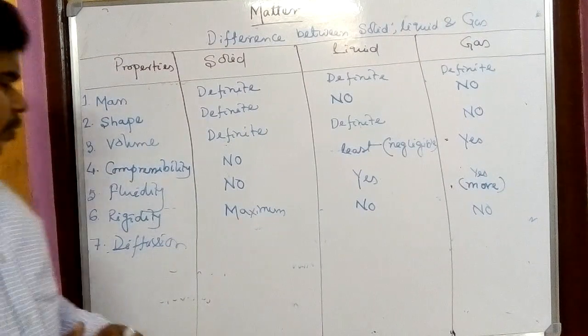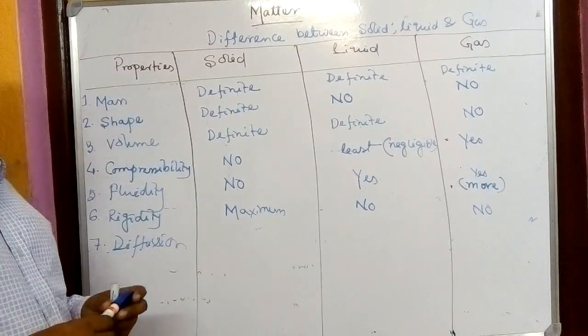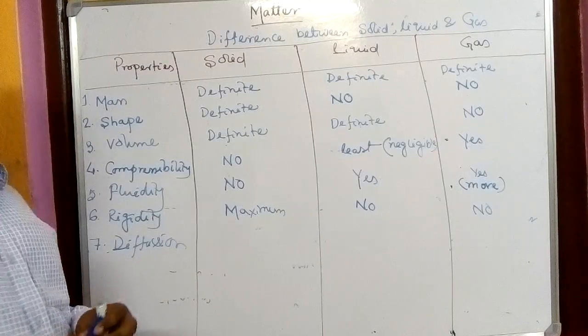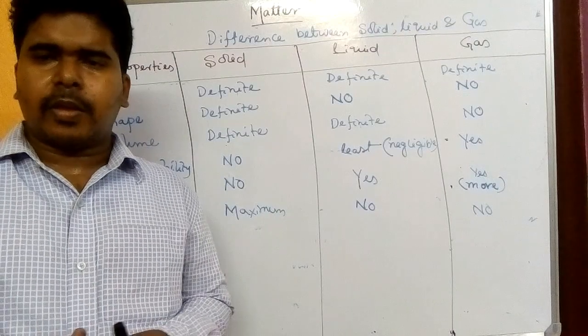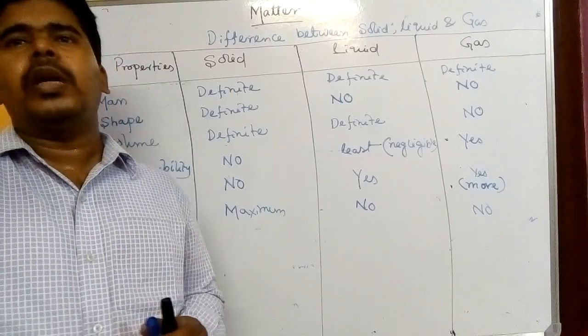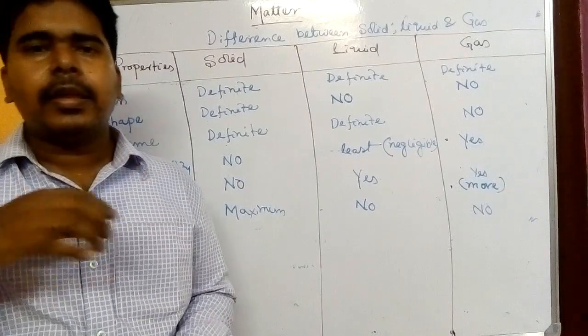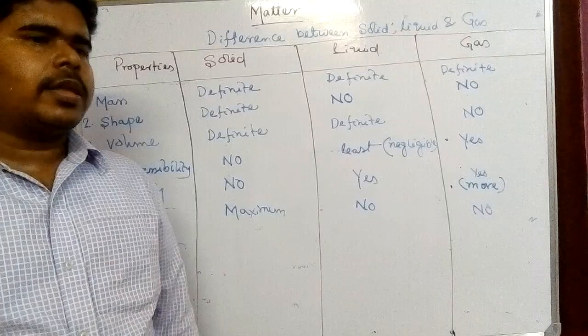In the previous class, some of the students asked about diffusion. Sir, what is diffusion? Diffusion is a property by which a substance moves from higher density to lower density. I'll give you an example.